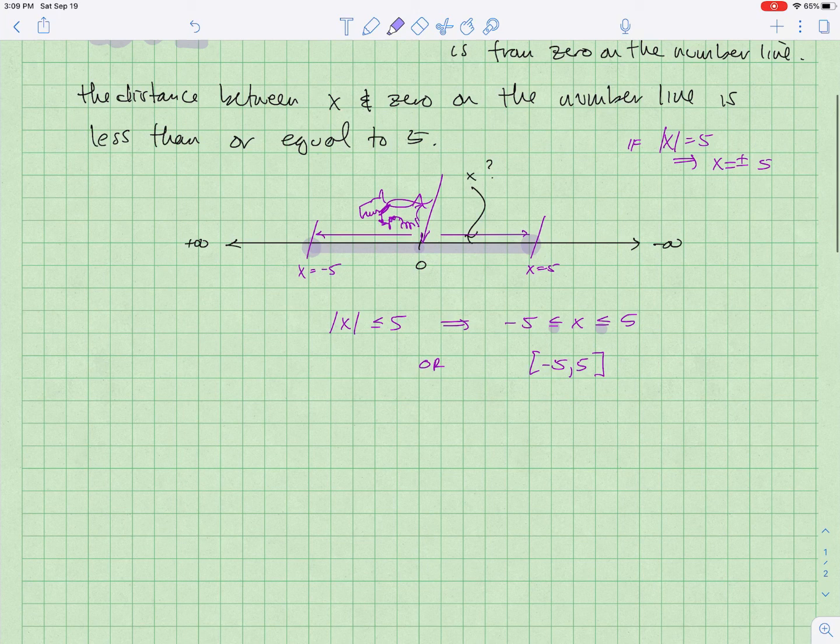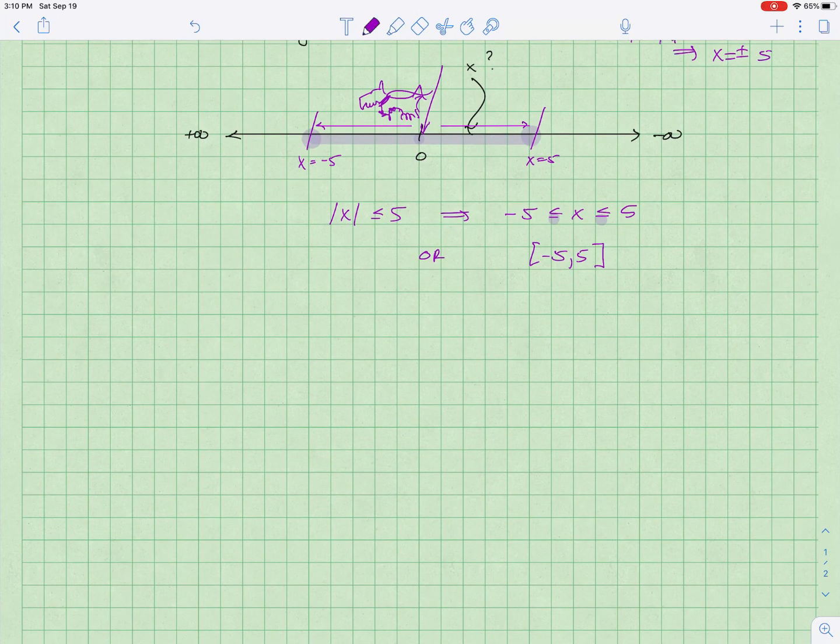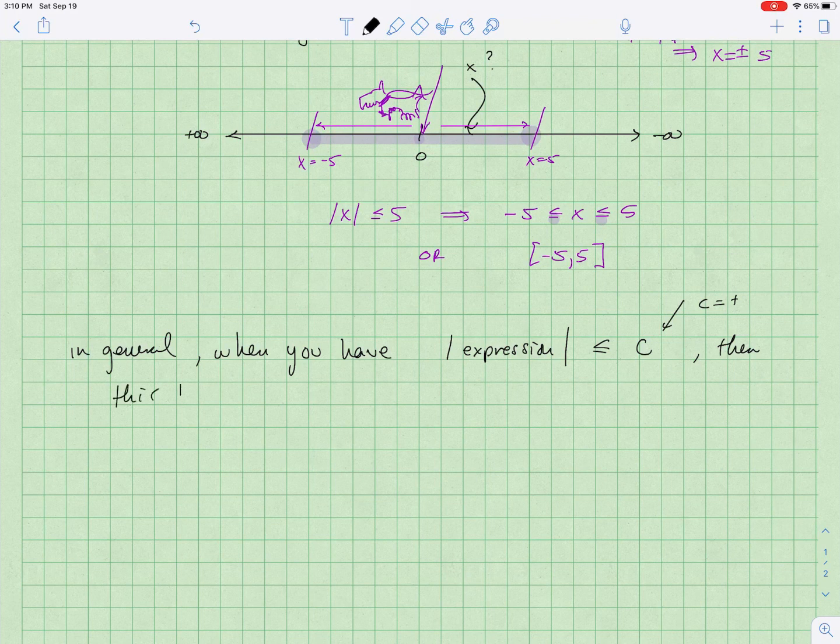So in general, when you have the absolute value of an expression, however complicated, less than or equal to a number c, where c is a positive number, then this can be rewritten.